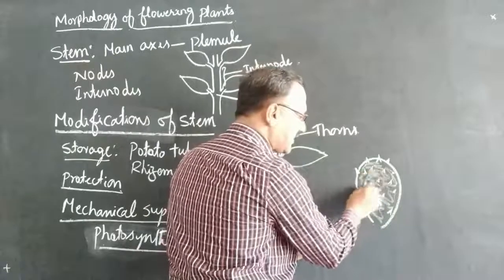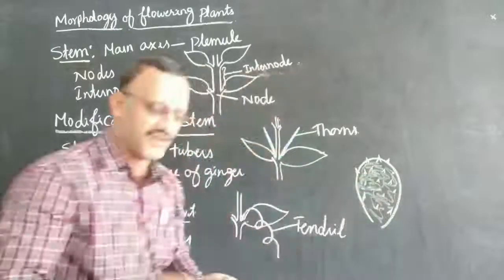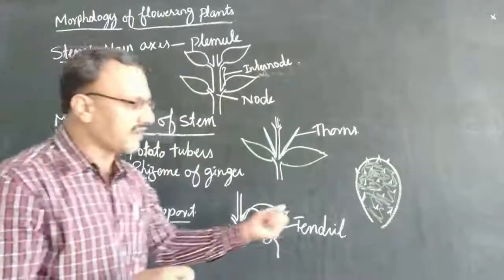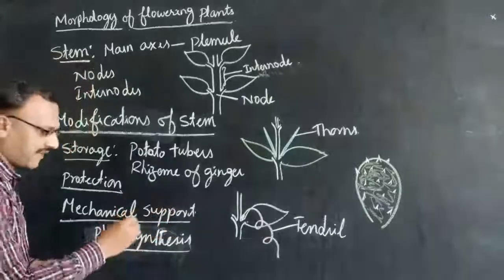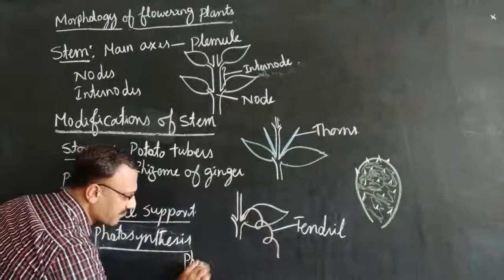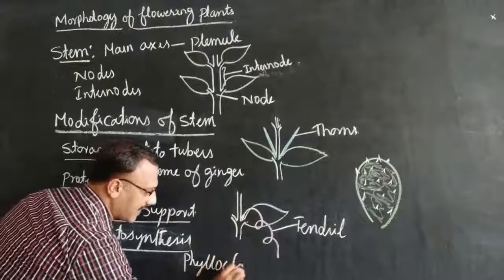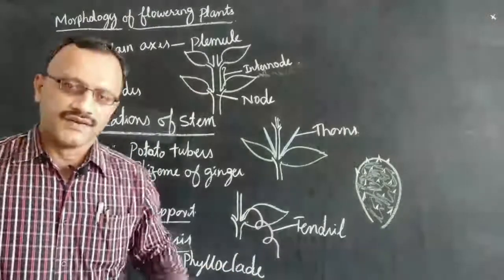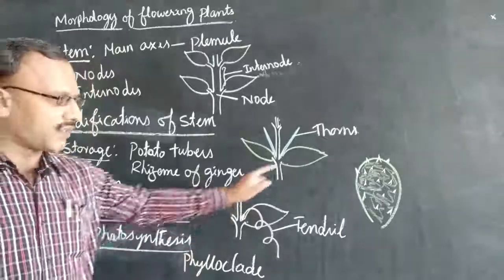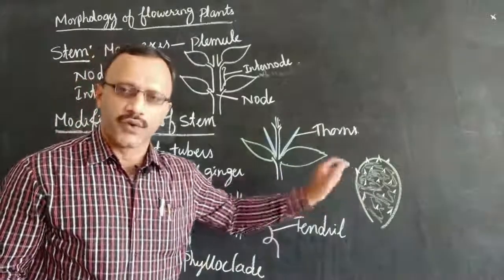This green condition is involved in photosynthesis and also in storage of the reserve food material. Such a stem is called phylloclade. It is meant for storage as well as photosynthesis.